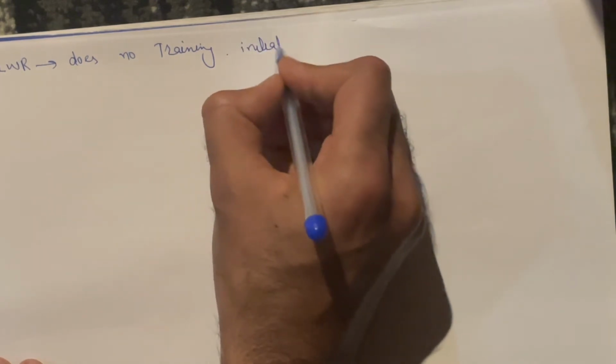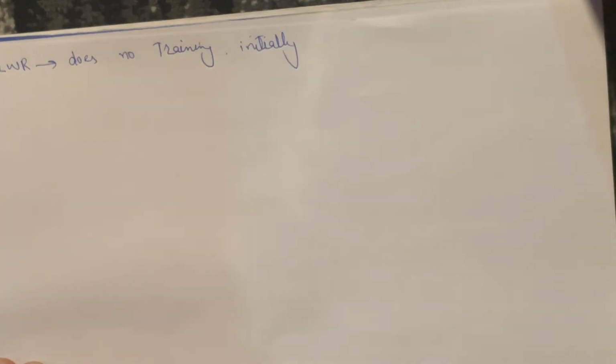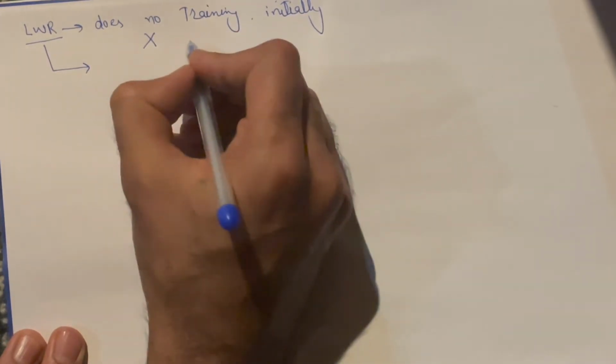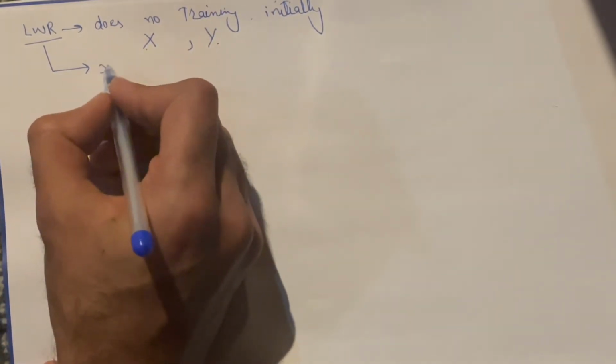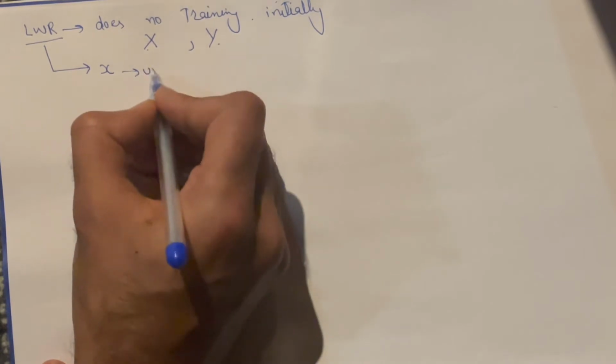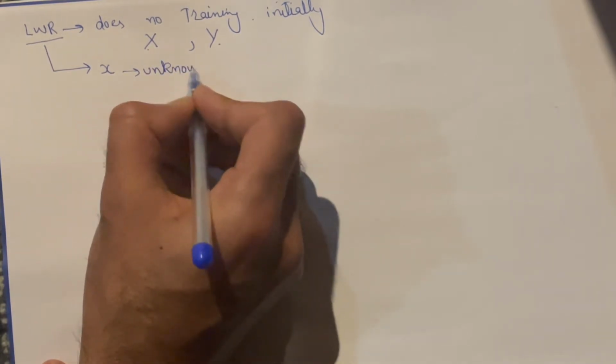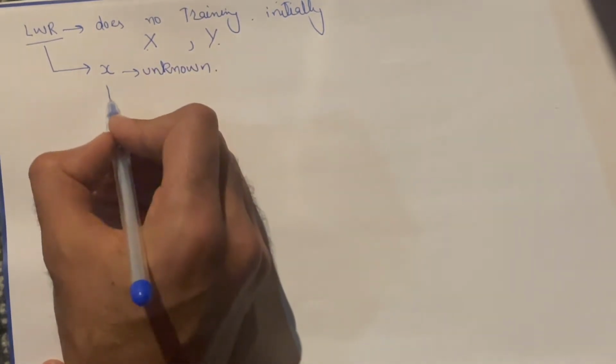So what this algorithm does: let's suppose we have a data set, x and y. This is input, this is output. Now we have some data point x which is unknown, and I have to make a prediction y hat for this unknown data.